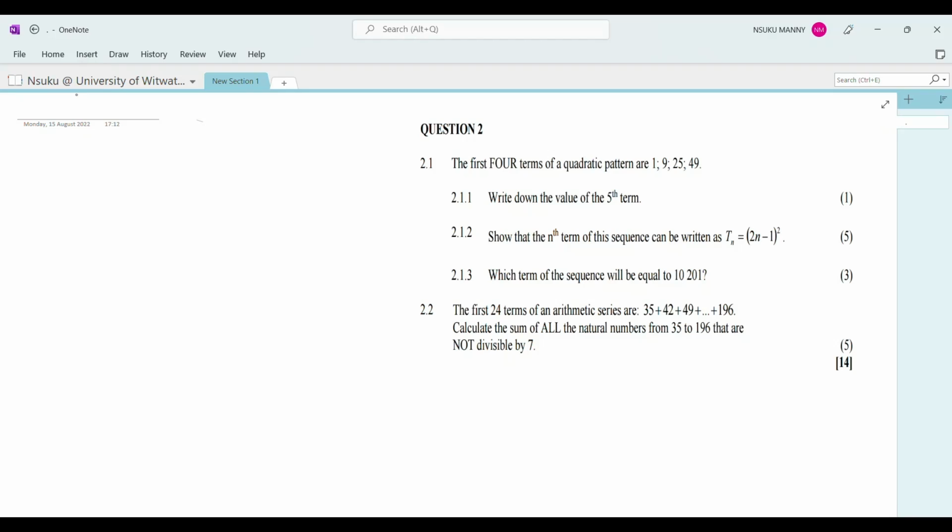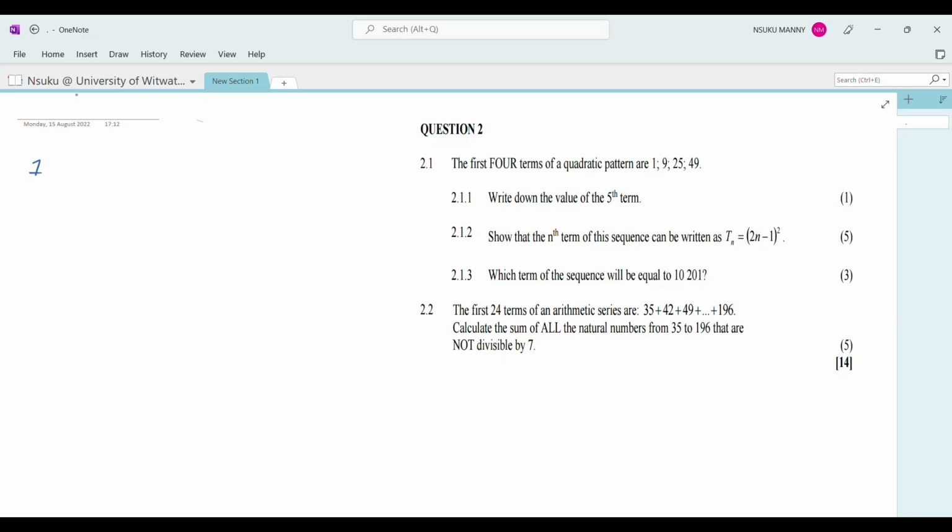So the first question says, the first four terms of a quadratic pattern are 1, 9, 25, and 49. So 2.1.1 says, write down the value of the fifth term. From looking at this pattern, what I've realized is that they square odd numbers starting from 1.